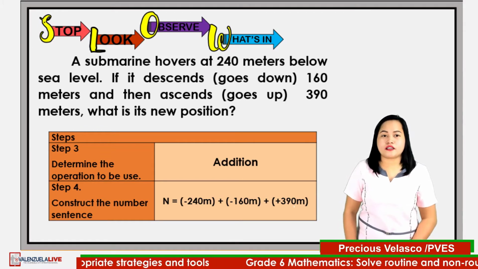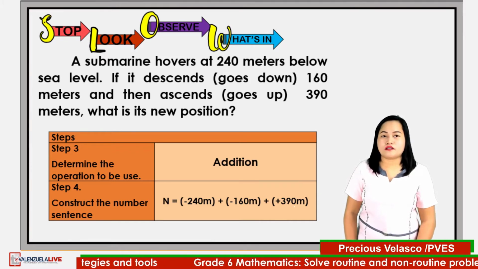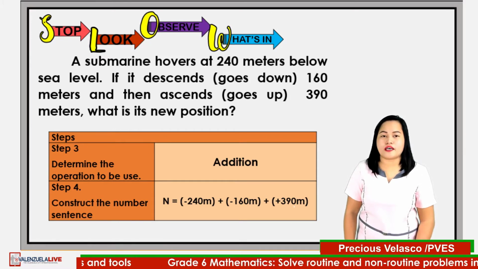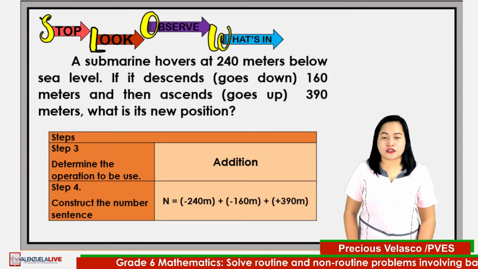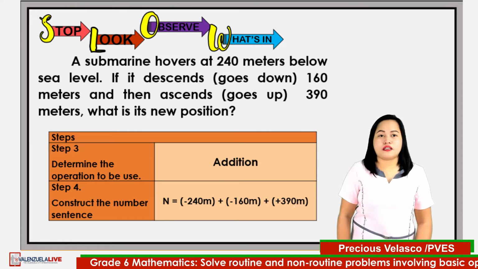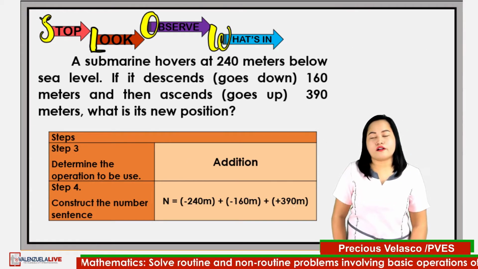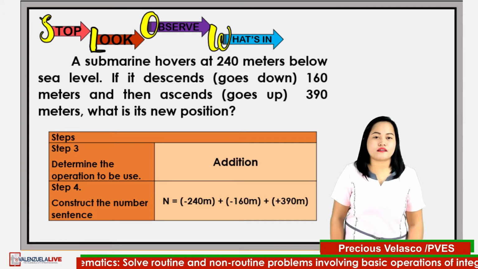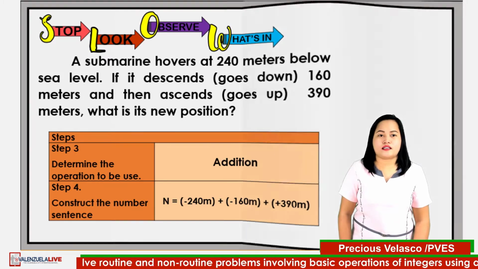Where did you get the sign, ma'am? Well, as I said a while ago, we can identify the sign of each number by referring to the words in our problem. Next, since we are already familiar with the number sentence, we can proceed with the solution and the final answer.